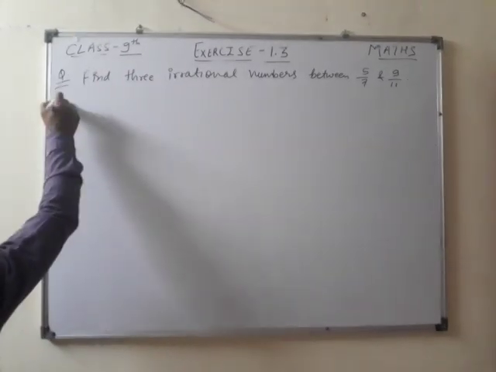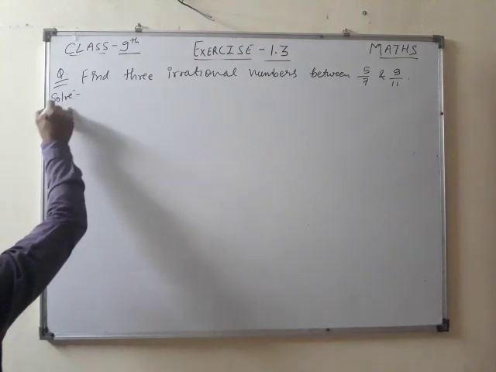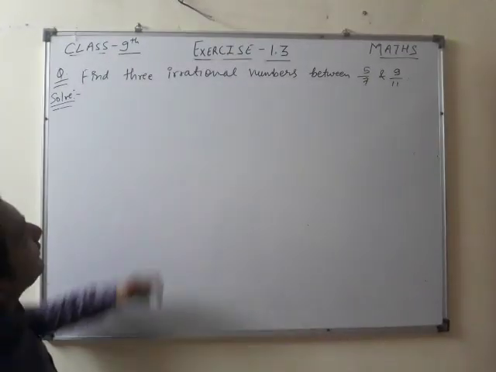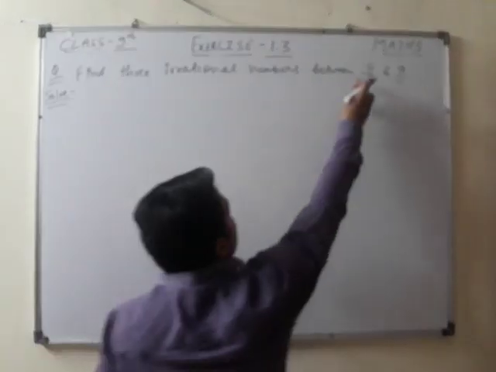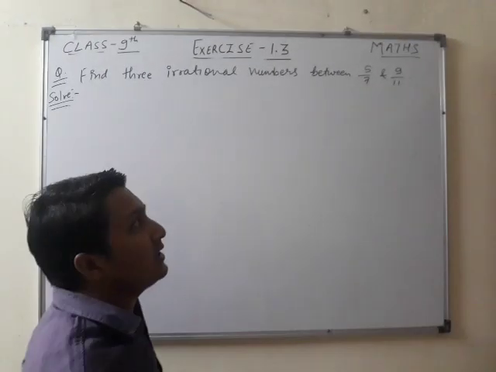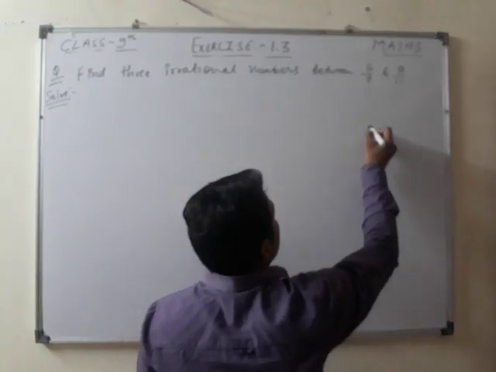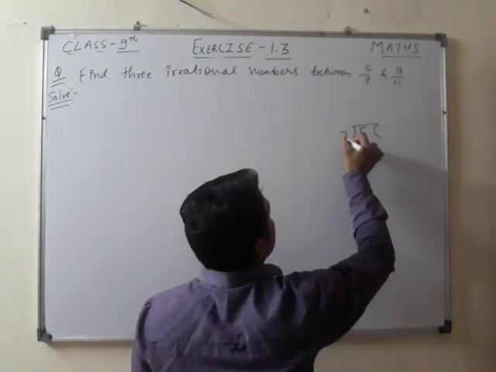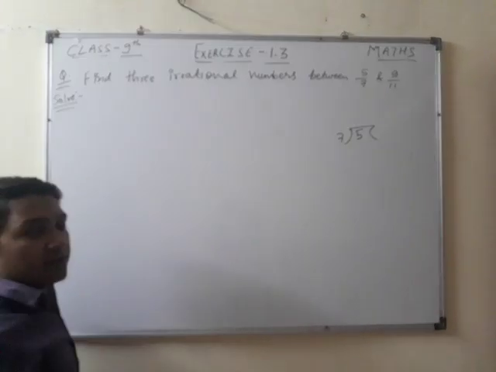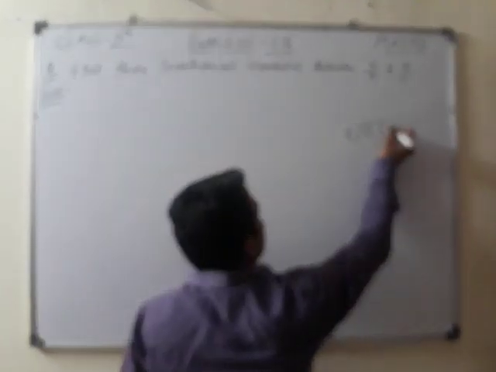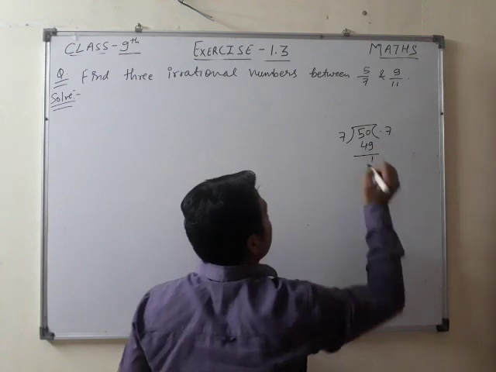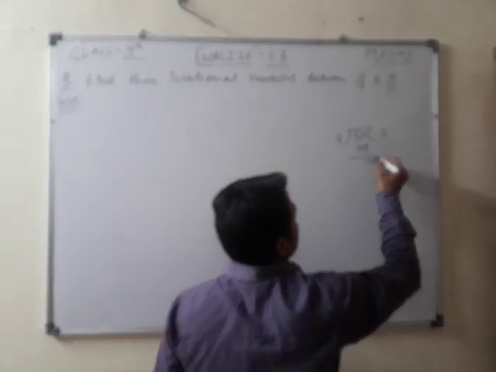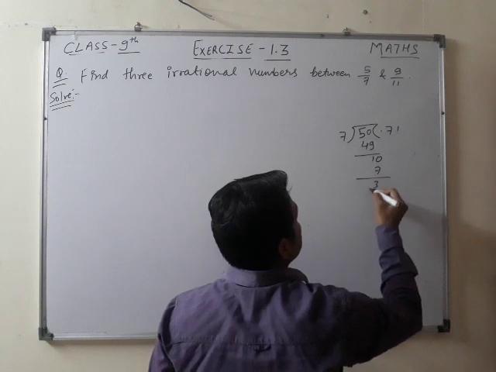Solution. To find irrational numbers between two fractions, first of all we will divide both the numbers and convert them into decimal expansion. So first I divide 5 by 7. We put a decimal point and a 0, 7 sevens are 49, 1 is the remainder.